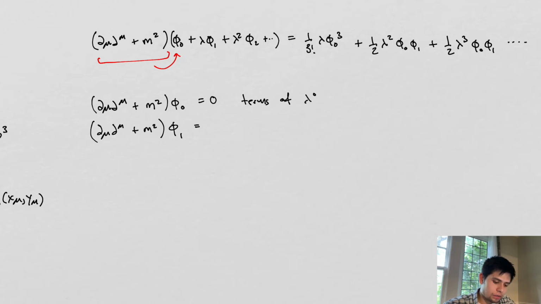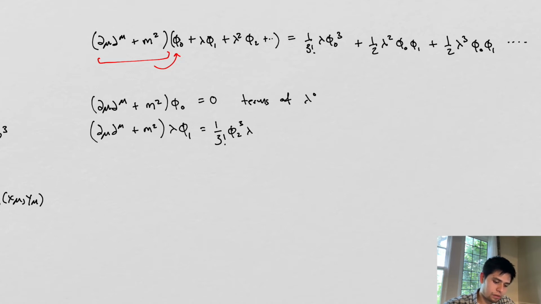Actually, I'm going to multiply that by phi 1. That's going to be 1/3 factorial times phi. Okay, we can cancel out the phi's.